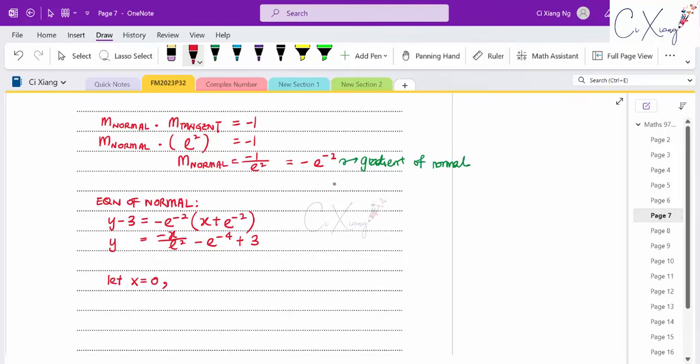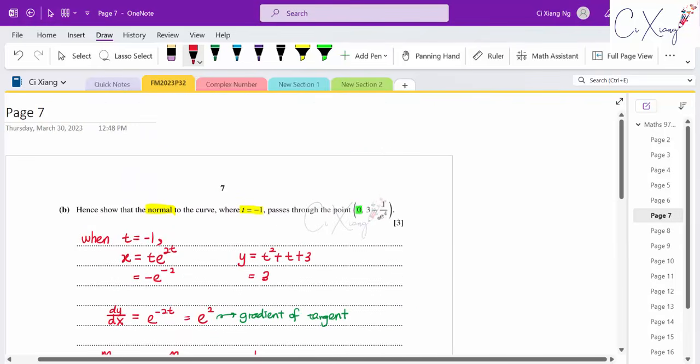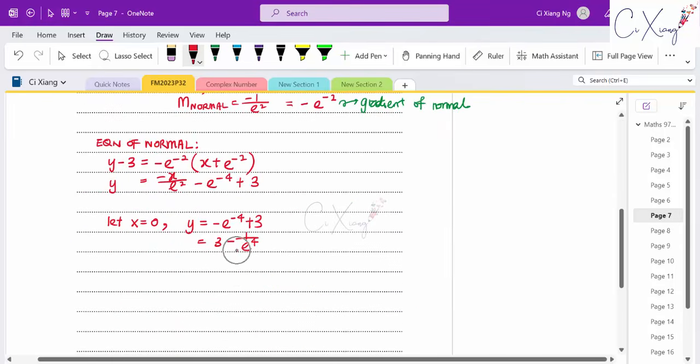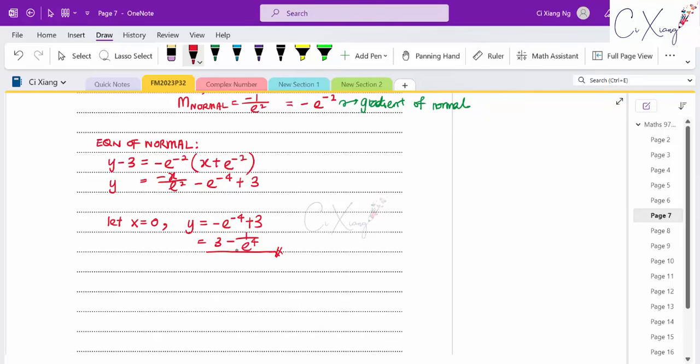If I let x equal 0, then the equation becomes y equals negative e power negative 4 plus 3, which can be written as 3 minus 1 over e power 4. If you double check with the coordinate of y that they show us in the question, it is the same. Therefore it proves that the normal of the curve will pass through this point.